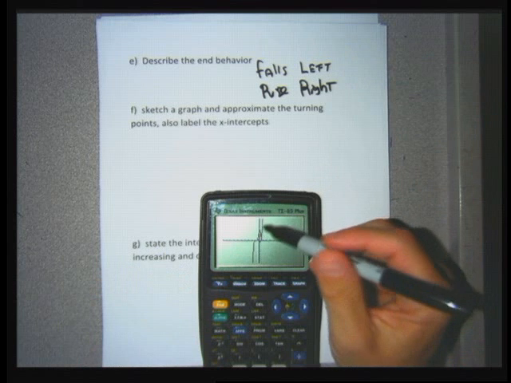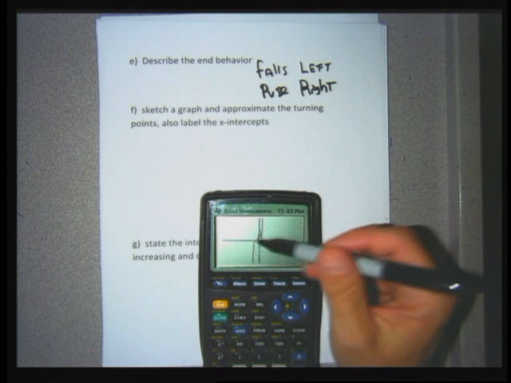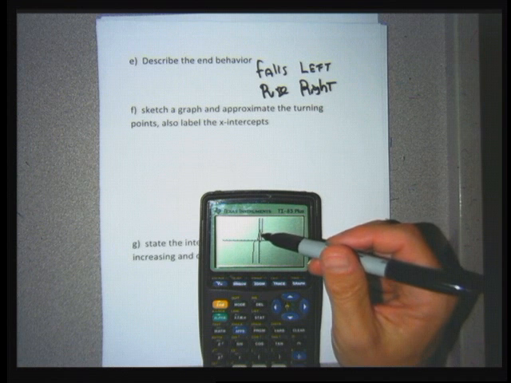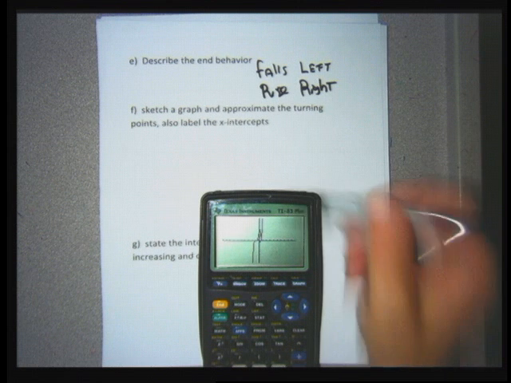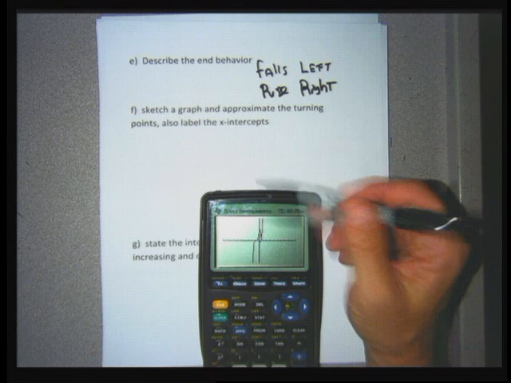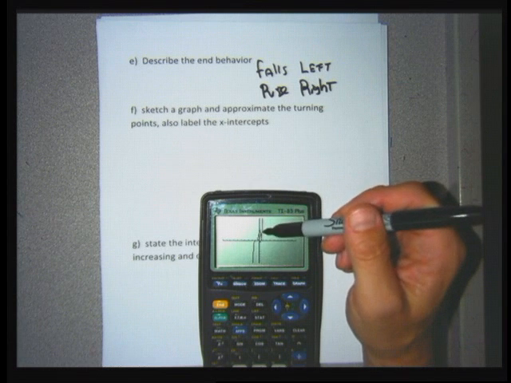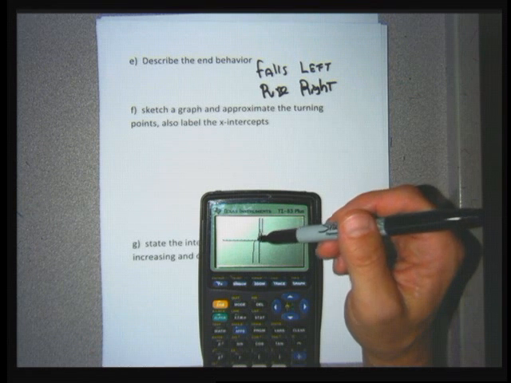Looks like everything interesting that happens to this graph happens right around the origin. So instead of expanding, I'm going to narrow in. On the last graph, I could tell that the maximum was way up high, and so I changed my Y max. Here, it seems to me everything that's interesting is happening around the origin.